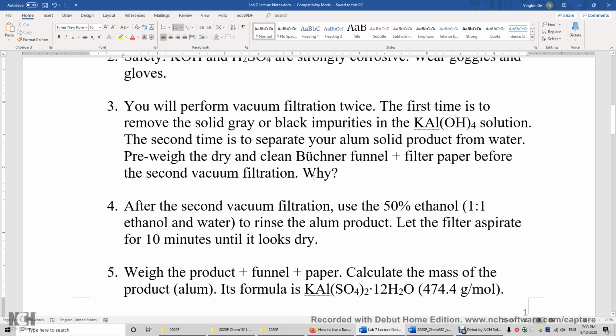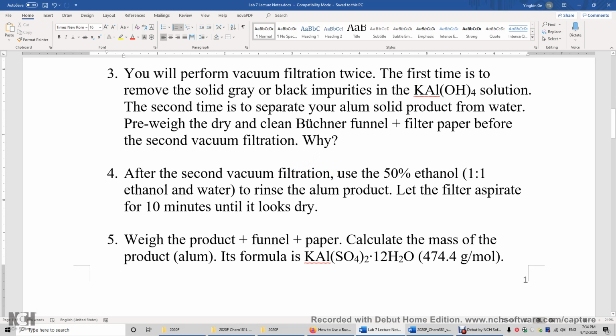The reason is, if we know the mass of Buchner funnel plus filter paper, then after this vacuum filtration, we can simply leave the product inside the funnel on top of the paper and weigh the whole thing. The mass of the funnel plus paper plus alum minus the mass of funnel plus paper is going to be the mass of the product.